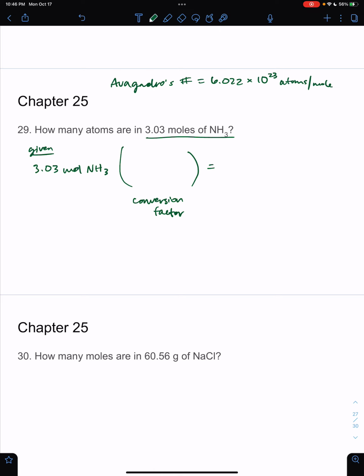That is going to be right here. We have a relationship that relates moles and atoms. So we want moles on the bottom so that we can cancel moles with moles. So that means the atoms is going to have to go on top.